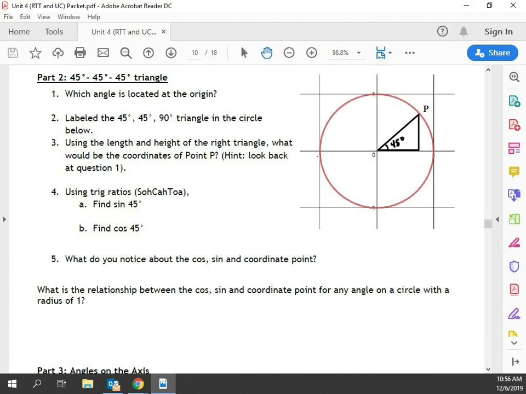We said, what if the hypotenuse is equal to 1? What ended up being our new side lengths? There you go, root 2 over 2, root 2 over 2. Therefore, the coordinates of P are both root 2 over 2 and root 2 over 2.